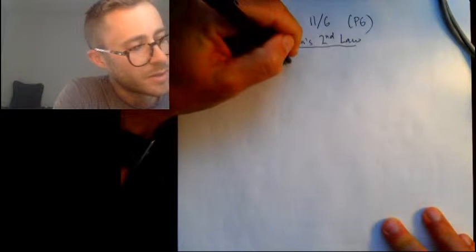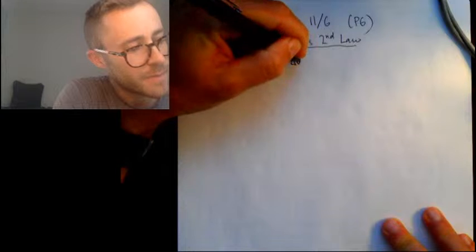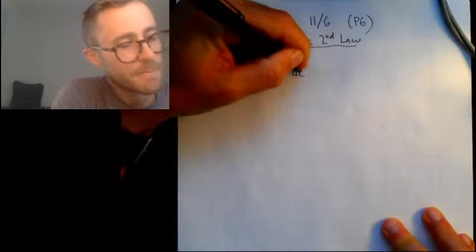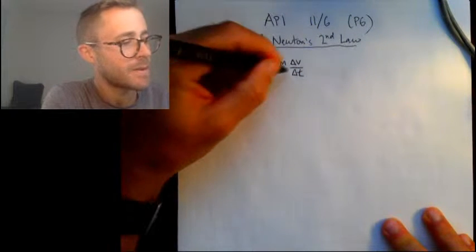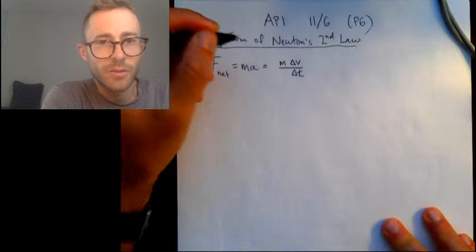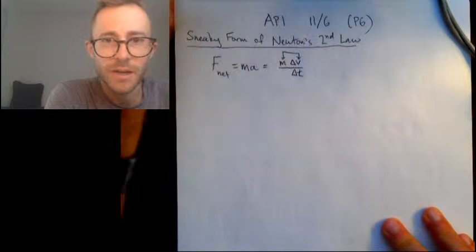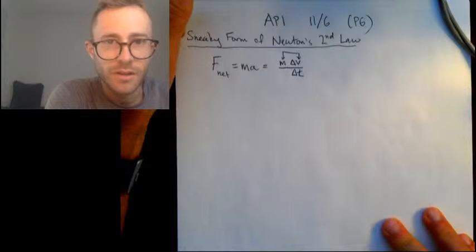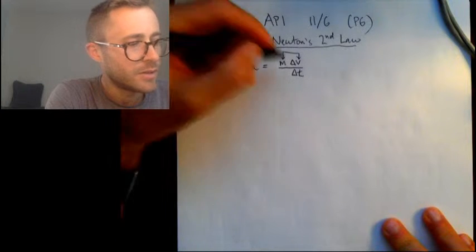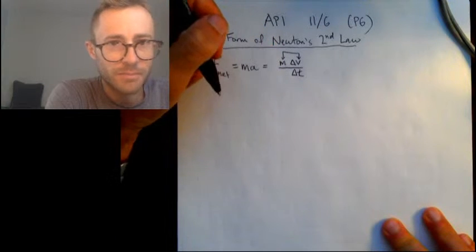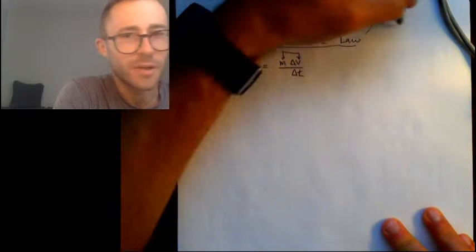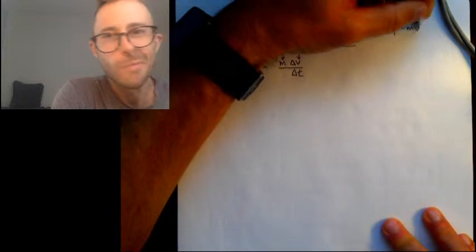So we have m times delta v over delta t. And what we can see is we have mass times velocity right here. Mass times velocity, well, jeepers, that's momentum. Right? Momentum is mass times velocity.